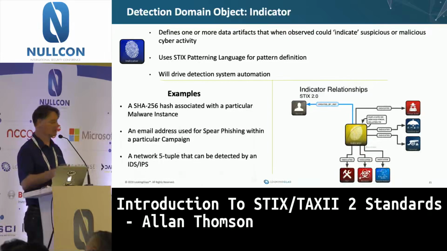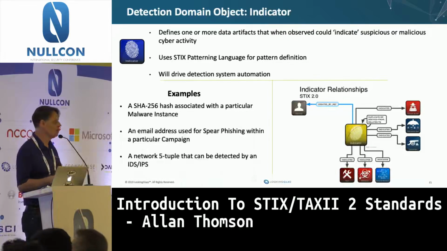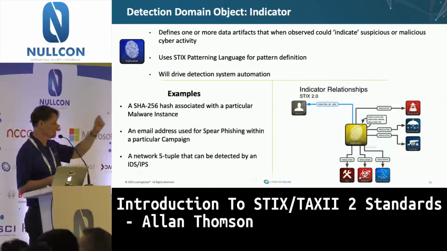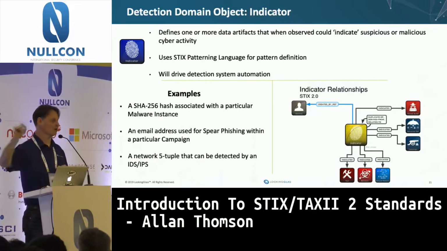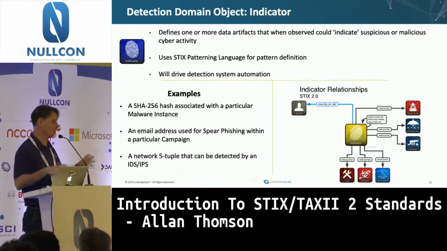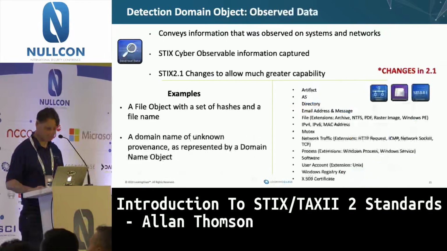STIX2 has introduced a pattern grammar that is very similar to regex. It allows you to express options where you can combine things, like if you see this email address with this domain and this file characteristic, then this is an indicator that I want to fire in my environment for whatever reason.